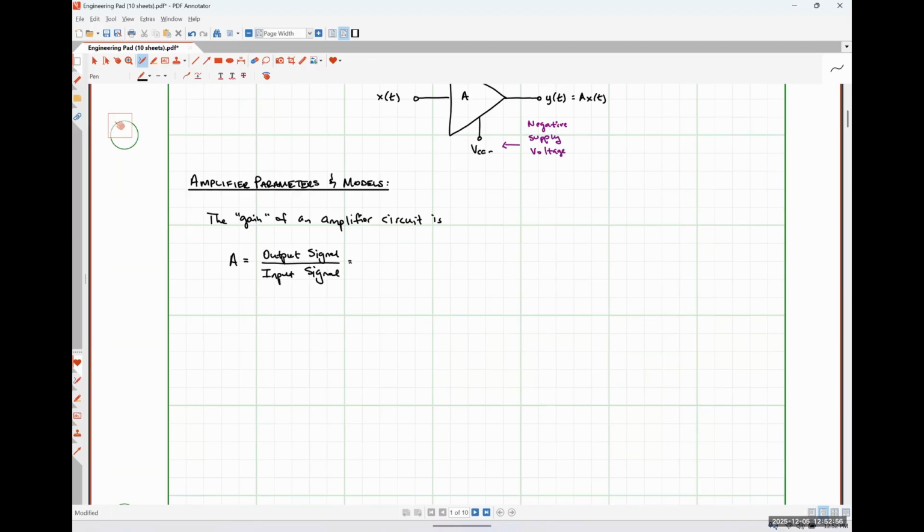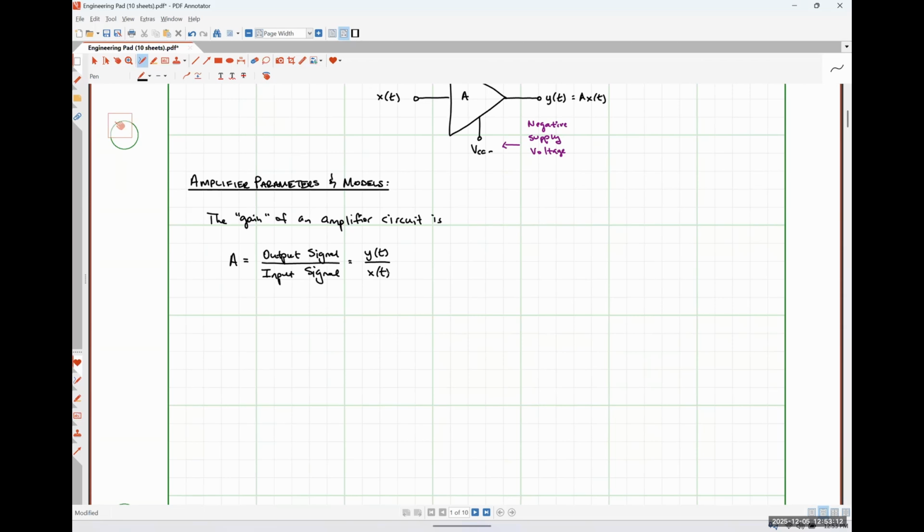Or using the quantities from our little block diagram representation, this would be y of t over x of t. So this is our fundamental definition for gain.